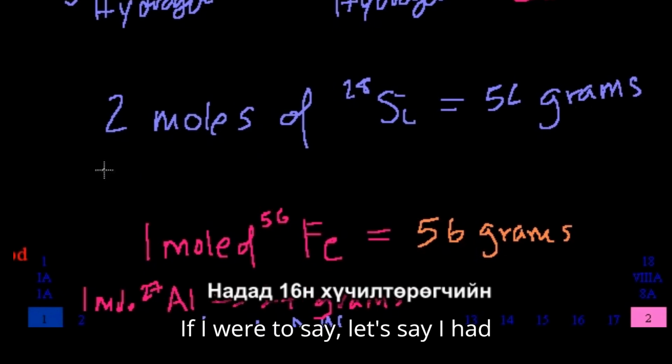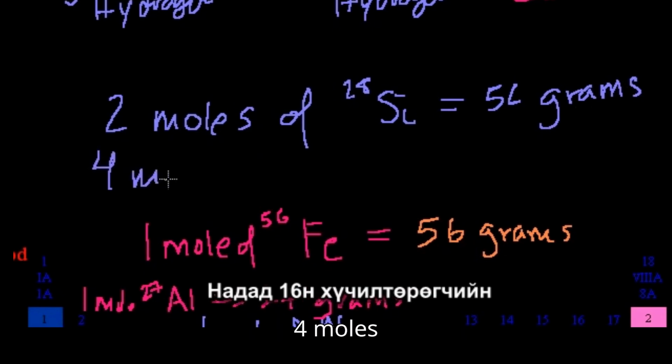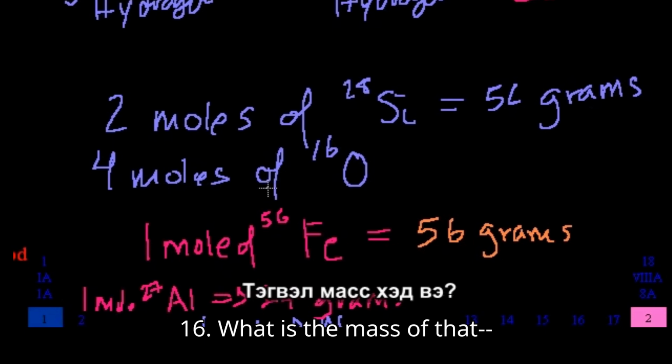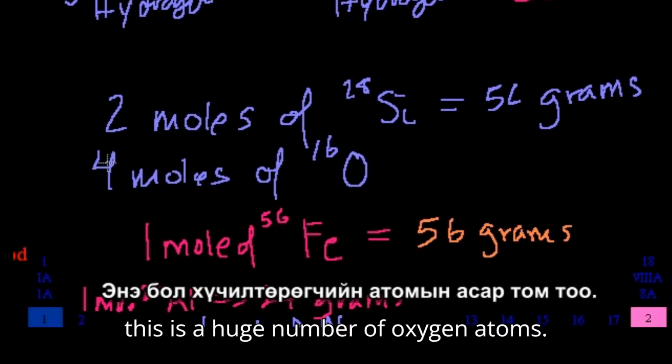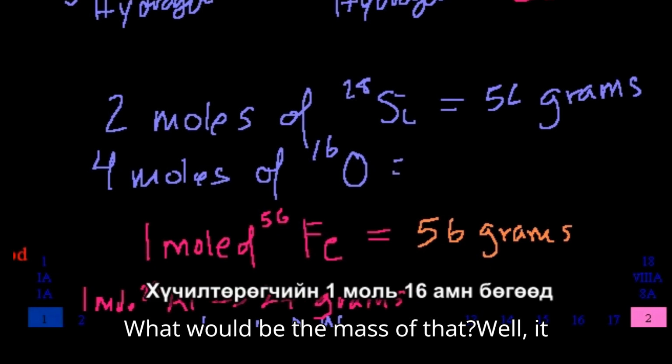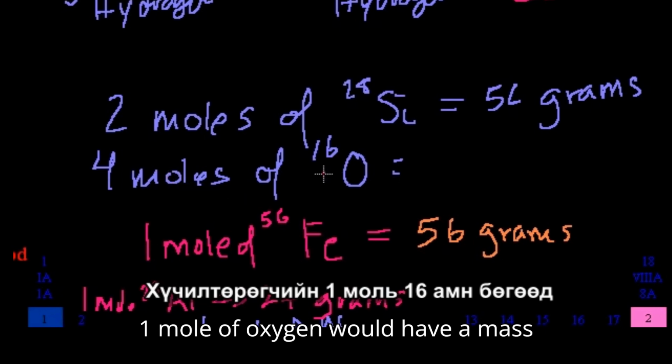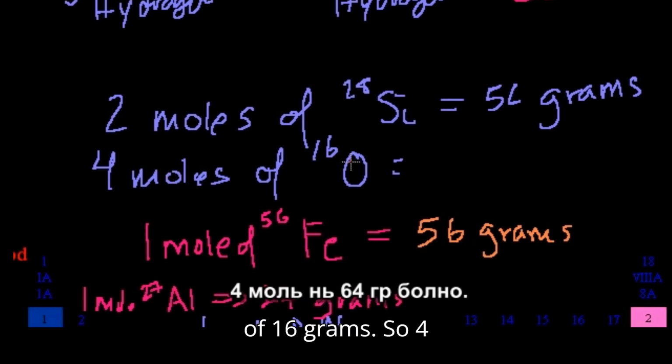If I were to say, let's say I had 4 moles of oxygen, which has a mass number of 16, what is the mass of that? This is a huge number of oxygen atoms. What would be the mass of that? Well, it would be 4 times 1 mole of oxygen, which has a mass of 16 grams. So 4 moles has 64 grams.